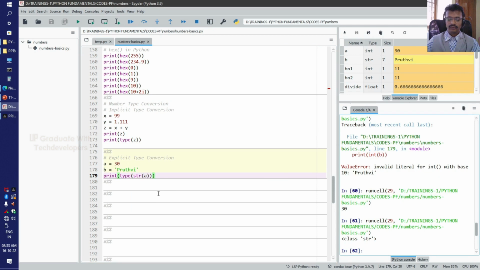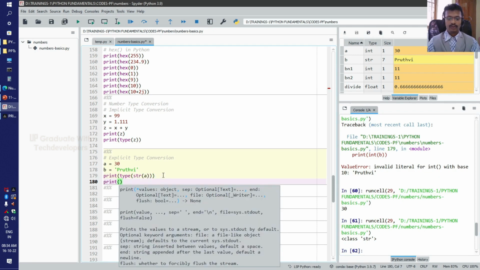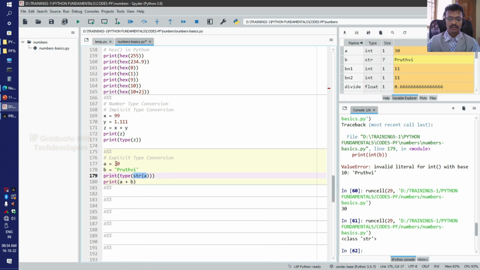Now we can add a plus b, but we need to convert a to a string value, right? It is because a is of type integer.